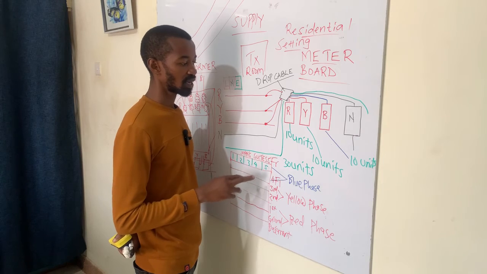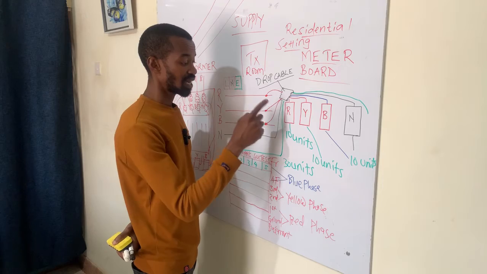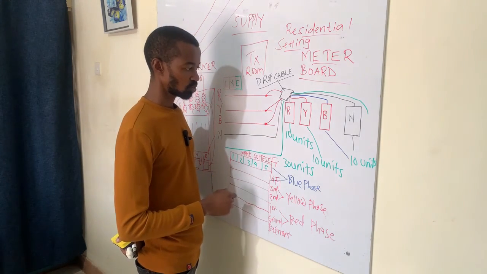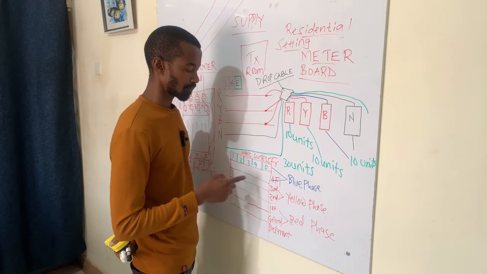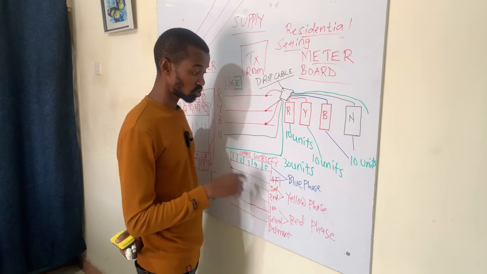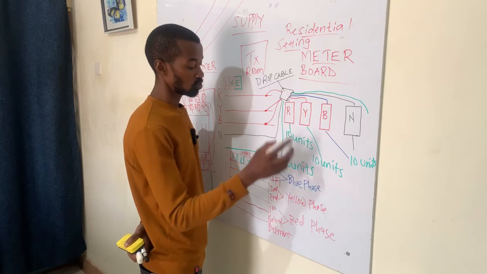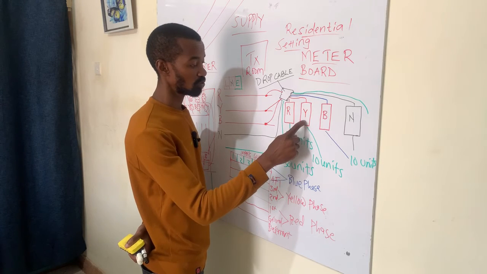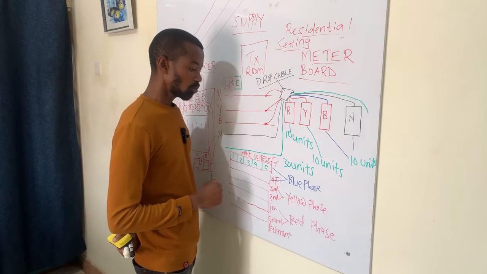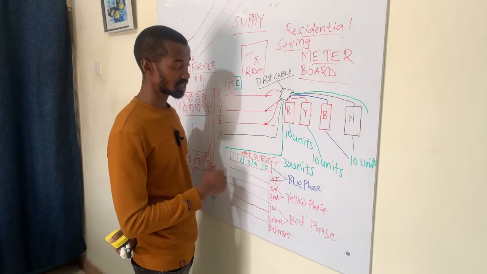If you had dedicated the security lights in that apartment to a specific phase, you ensure that you have a system whereby if the red phase is missing, your security lights can tap from the yellow phase if that is what is available, or the blue phase. We talk about the pumps. If, for instance, you have the pumps, you can also do the same.